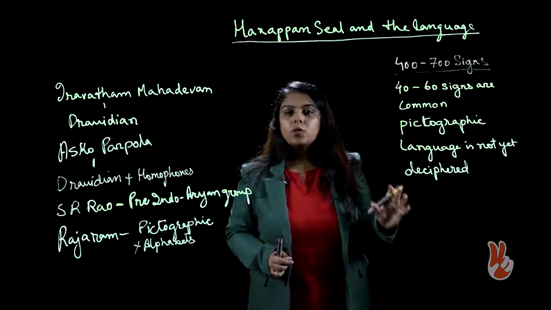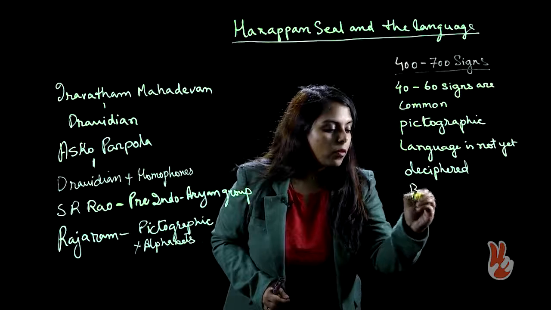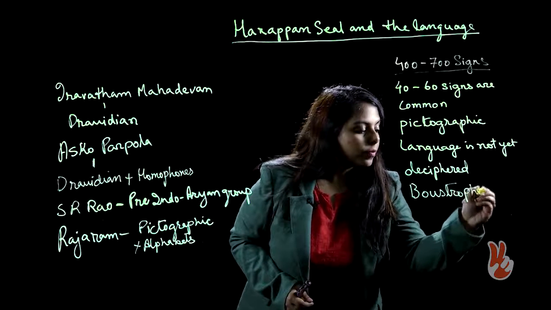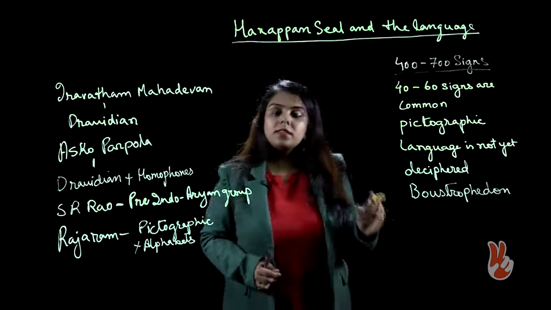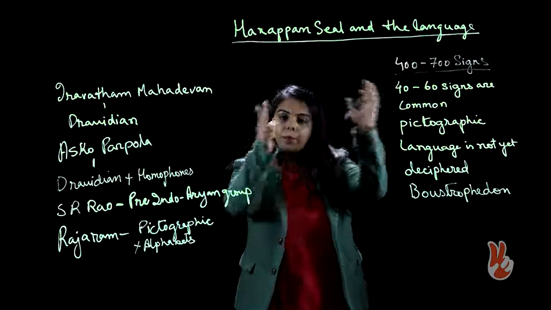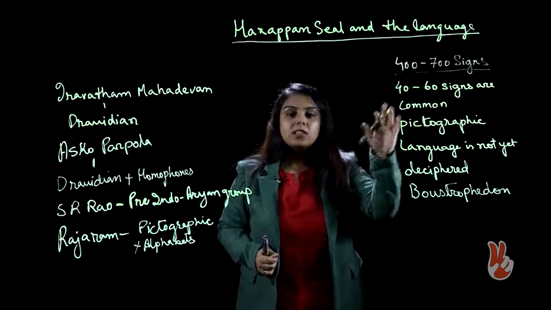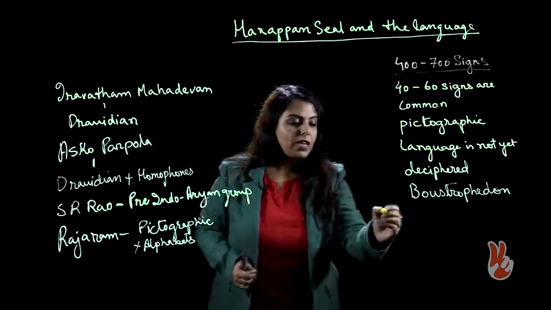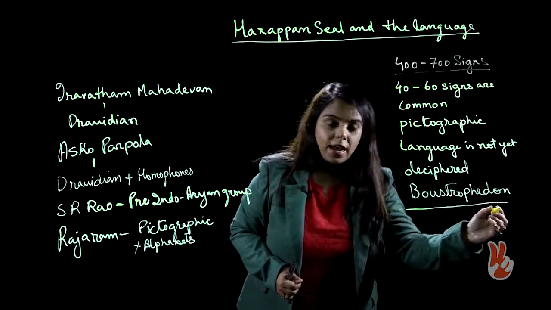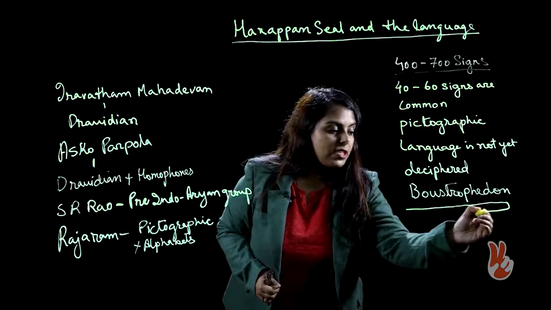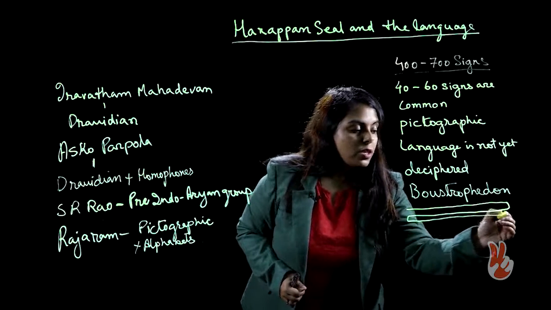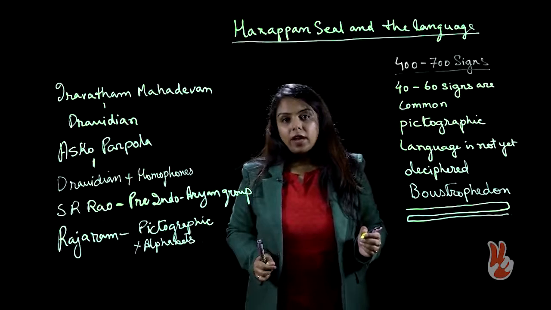He further uses a word called Boustrophedon. This is a technique where every line of a paper or of an inscription starts from the reverse side. So, if I start writing from the left side, the second line will start from the reverse side. This technique of writing is called Boustrophedon. So, this is what has been suggested by Raja Ram.